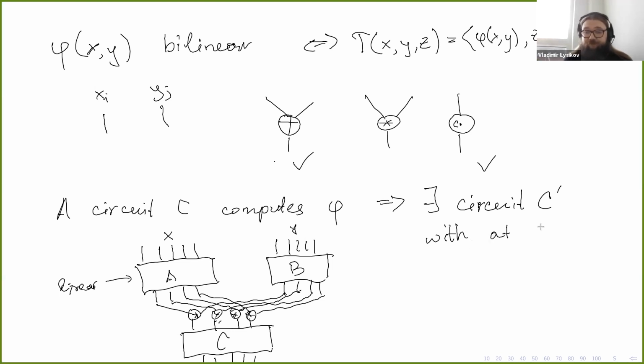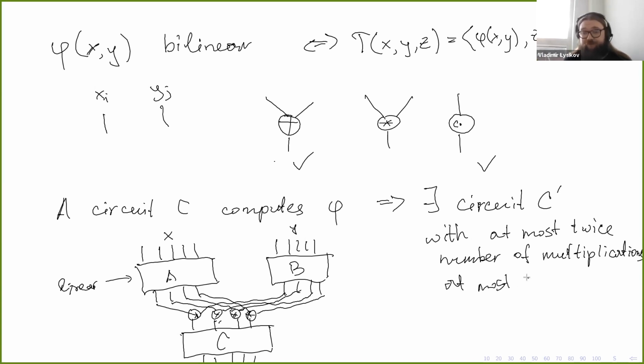It has at most twice the number of multiplications, and at most 3 times the number of gates total.